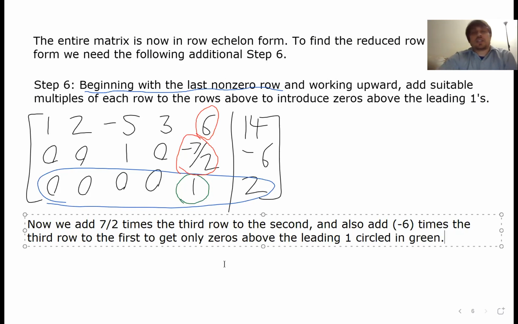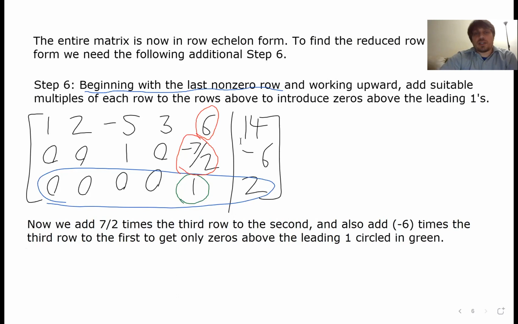So we're going to take 7/2 times this row and add to this row, and then take -6 times this row and add to the first row. That way there's only zeros above this leading 1.